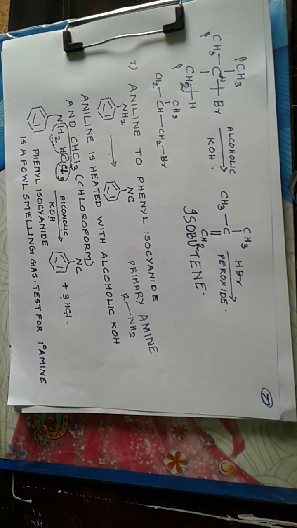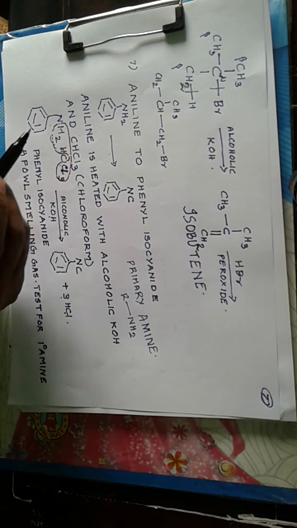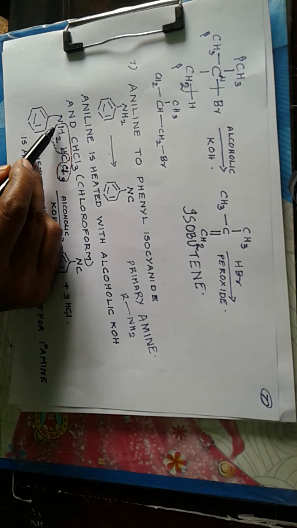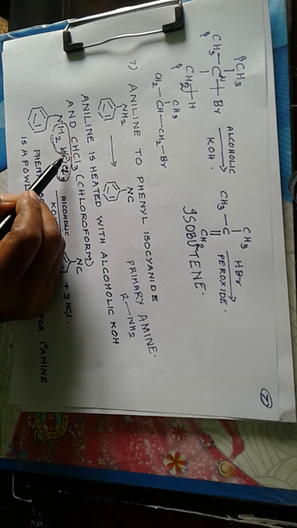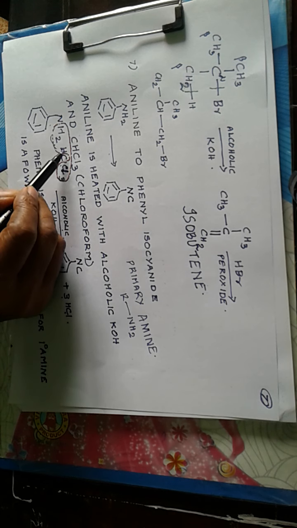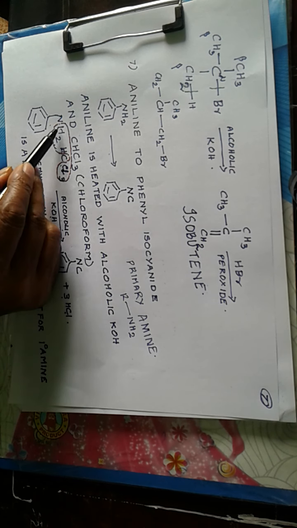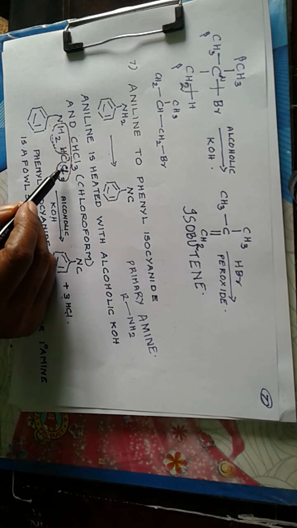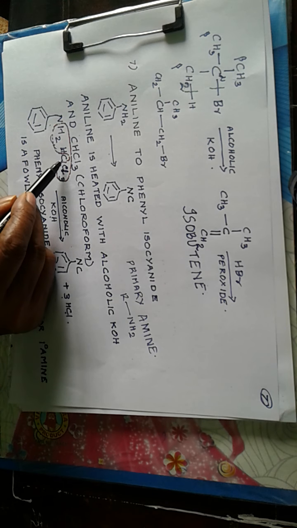And when we take the example of aniline, there is an NH2 group and there are two H atoms in the NH2 group. There is one H in CHCl3. The two H atoms here and the H atom in CHCl3 combine to form three H atoms, and there are three Cl atoms in CHCl3.